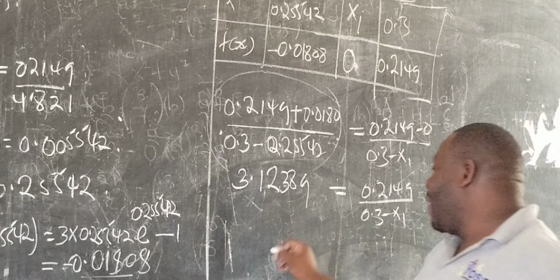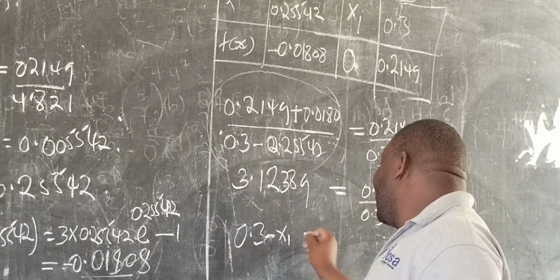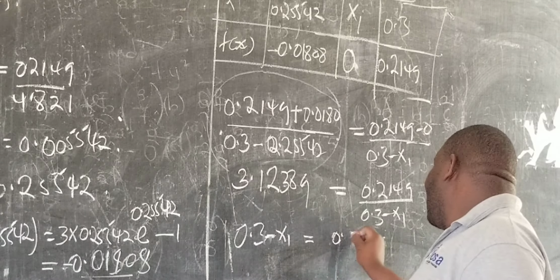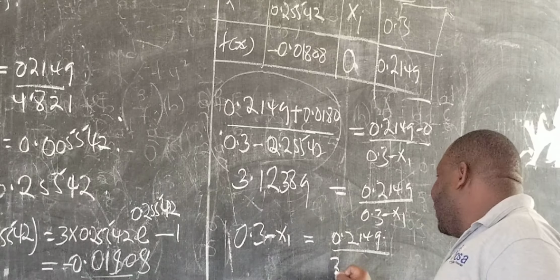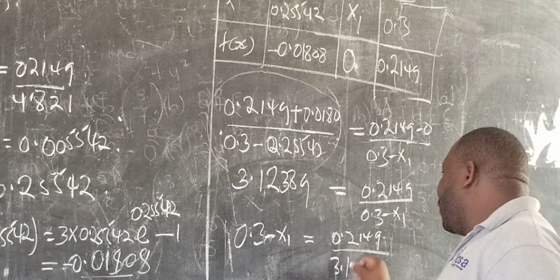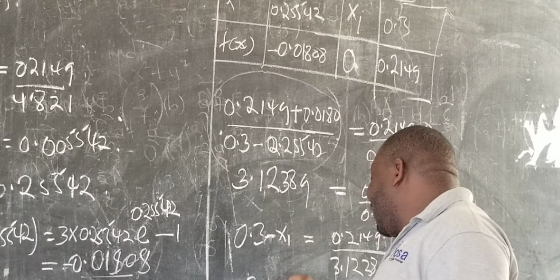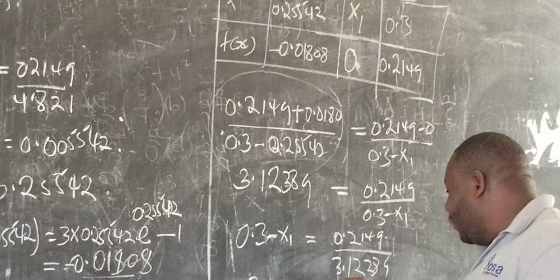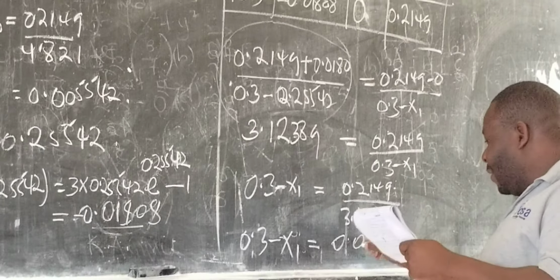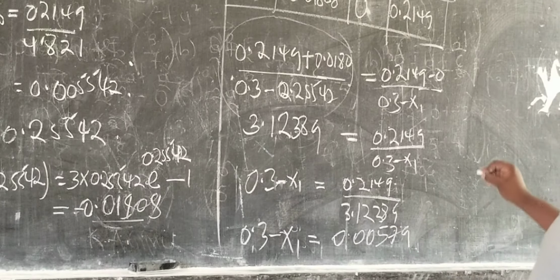When we cross multiply, we shall have 0.3 minus x1 equals 0.2149 over 3.12389. With the calculator, it comes up to 0.00579. That's what we get.